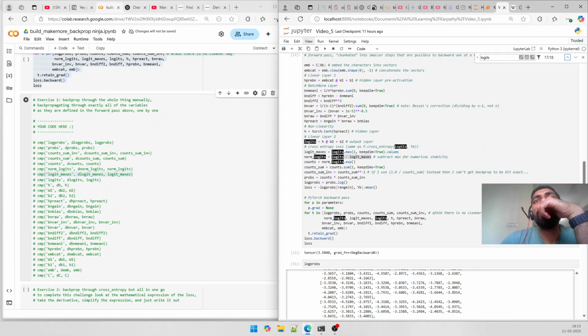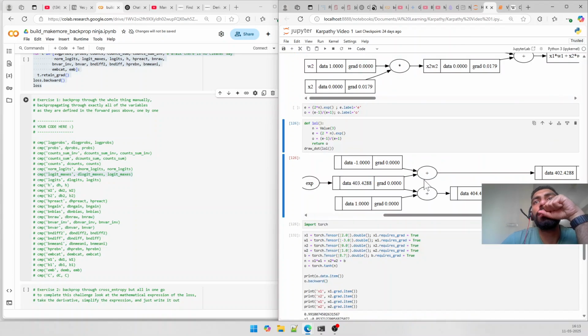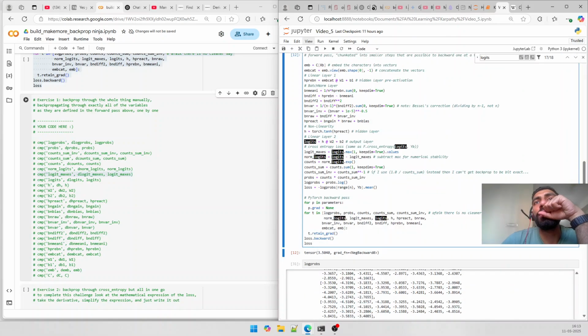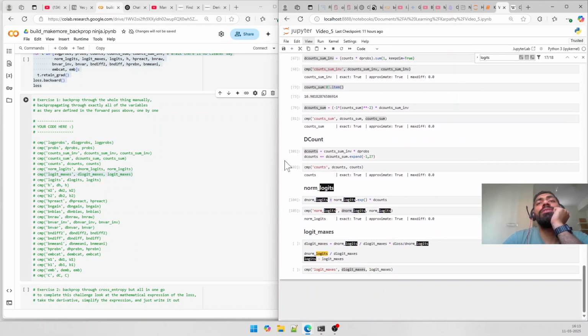So logits help in two places, here and here. So it's something like this. So logits is helping in one and the other as well. So there needs to be an addition for that. Okay. So the logits will be a bit different.